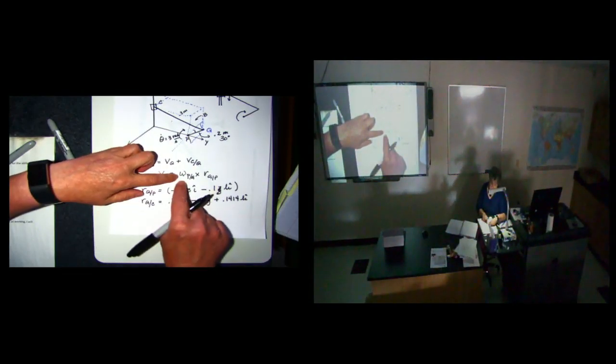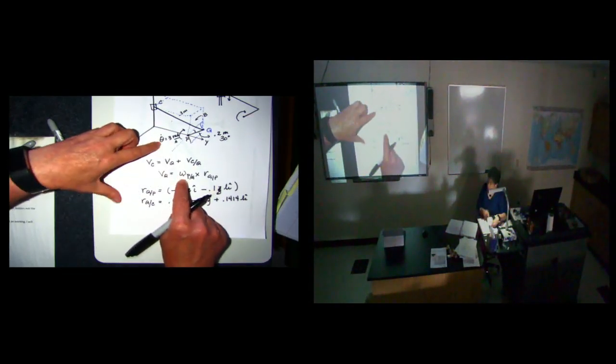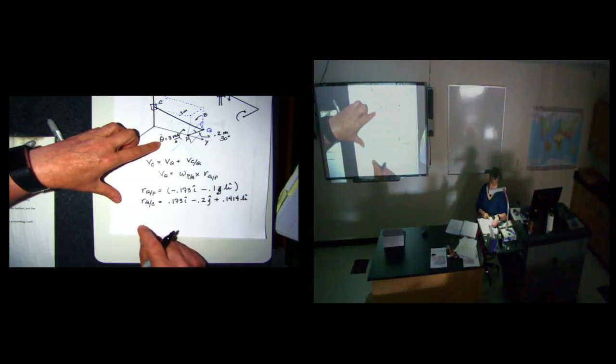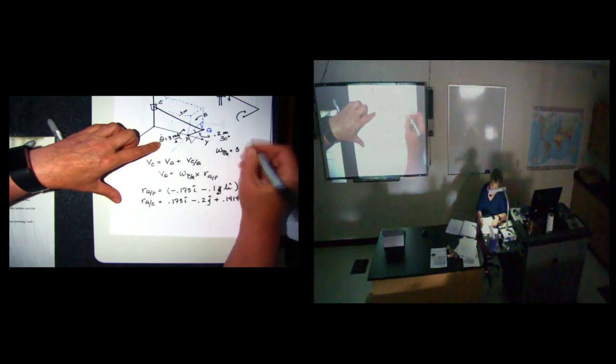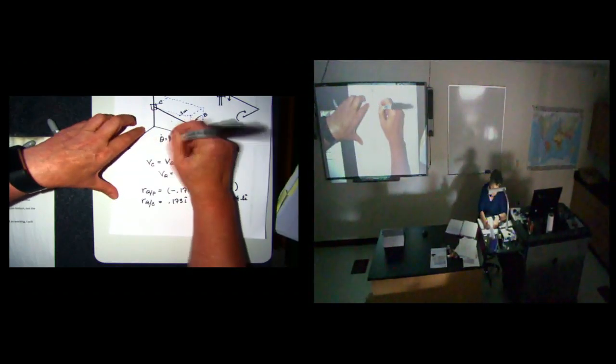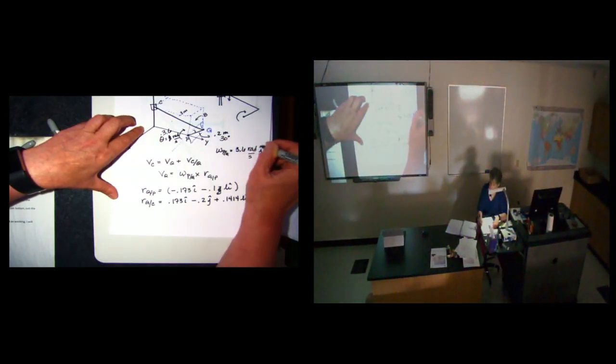So we're given what omega PQ is. Omega PQ is going to be 3. Oh, I'm sorry, that wasn't 3, it's 3.6 radians per second in the J direction.